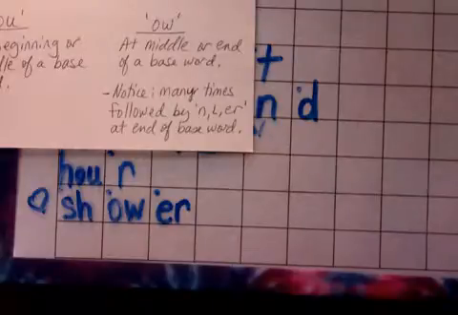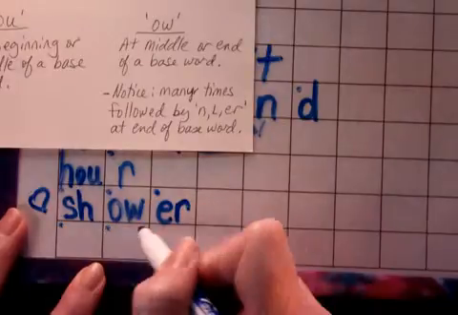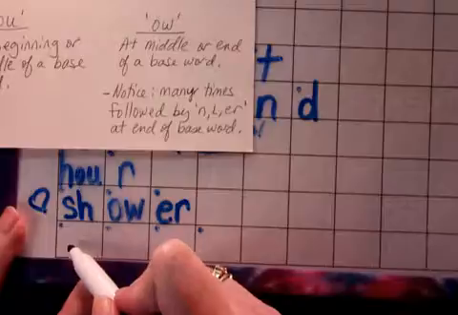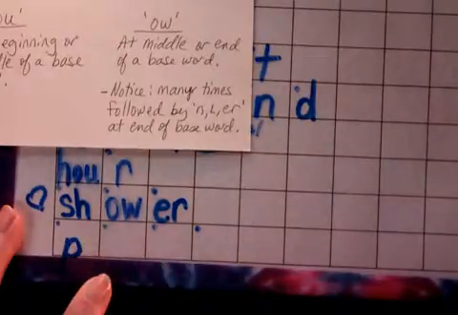The last word is prowl. The tiger will prowl through the jungle. Prowl. Ow, ul. The first sound is p. Go under the writing line. Put your bubble on the writing line.